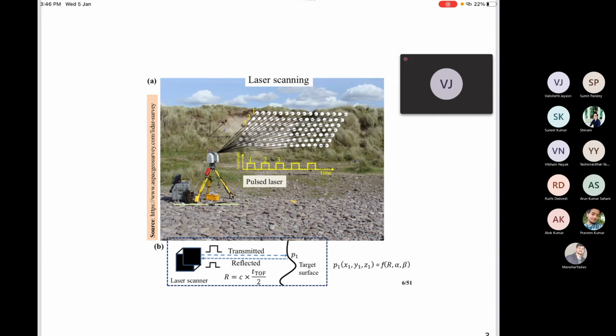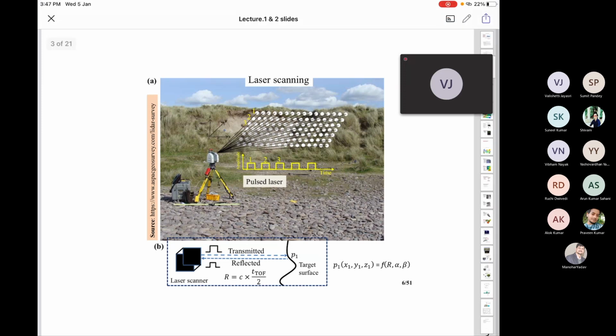Different direction means not all laser pulses are hitting a particular point. What happens when one laser pulse is fired? The orientation of the laser source changes to some adjacent target point. The scanning can be done either row wise or column wise. In this figure, if I say the horizontal line is row wise and the vertical line is column wise, scanning is performed in that way: horizontal profile and vertical profile.